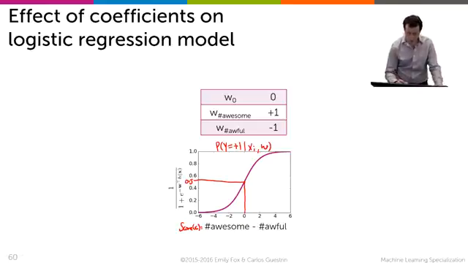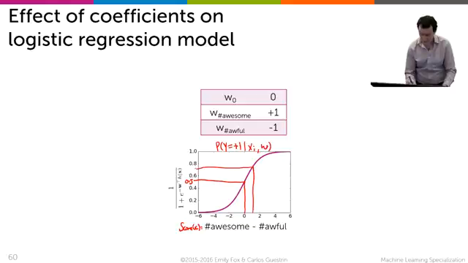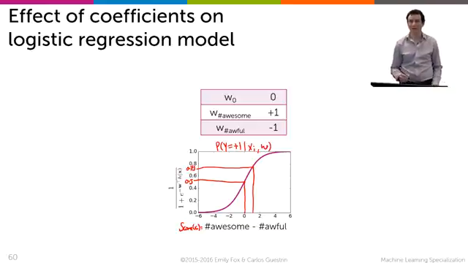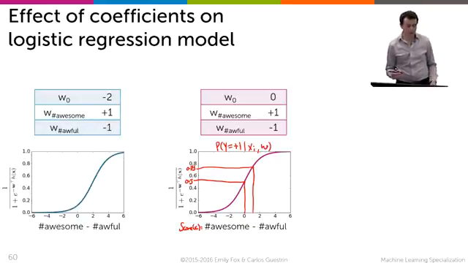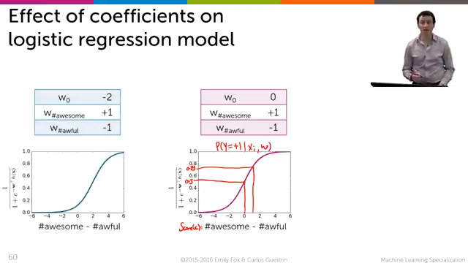Now, if you have one more awesome than you have awfuls, then that difference becomes 1, and your prediction of the probability of being a positive review, just by having that extra awesomeness, is 0.73. Now let's see what happens if you change the constant. If you change the constant W0 to -2 and keep everything the same, you see that the line has shifted to the right.